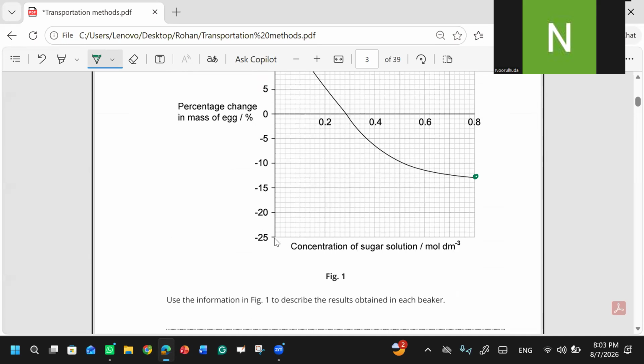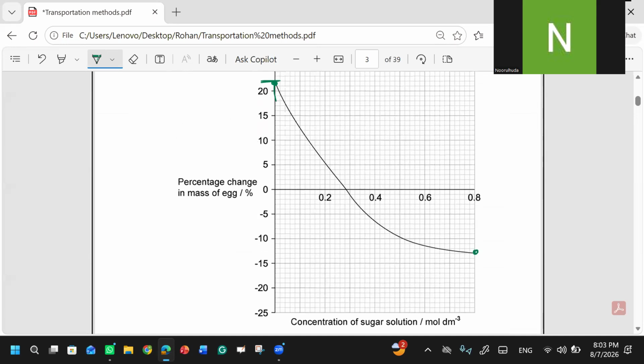But after some time, the percentage is decreasing and the concentration is increasing. In the last, the concentration of the sugar is high. It means the concentration will be high when the percentage change is less. Are you clear with this?